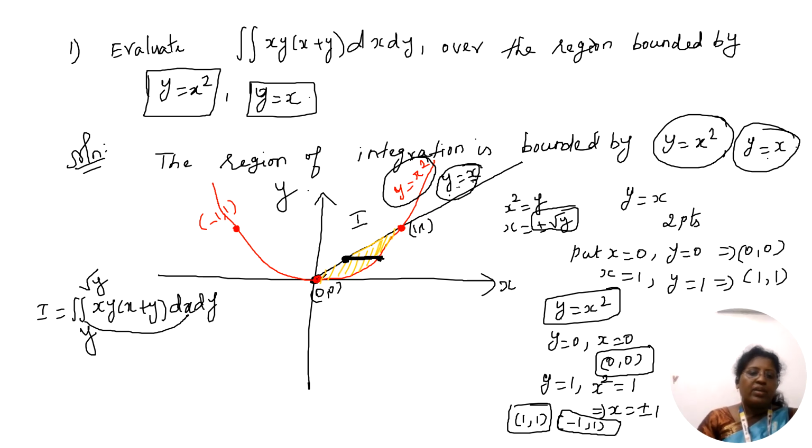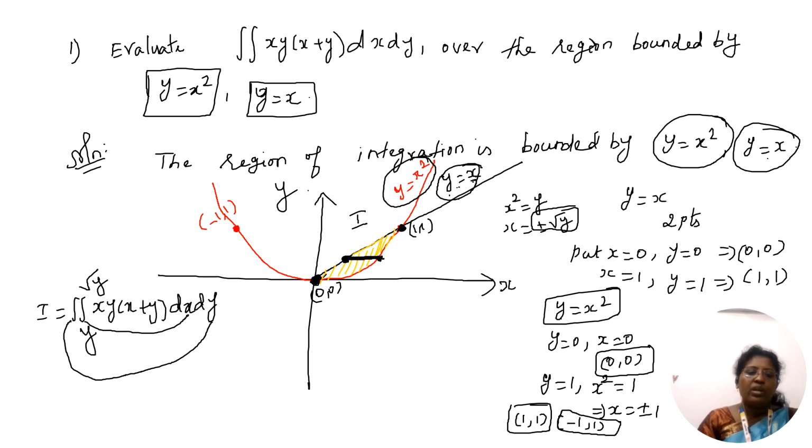Then we have to find the outer integral limit, the outer integral with respect to y. To find the y limit, what you have to do? In the region of integration, the shaded part, take the minimum point and the maximum point. The region varies from the origin to this point, which is the maximum point. The minimum point is the origin. At the origin, what is the value of y?